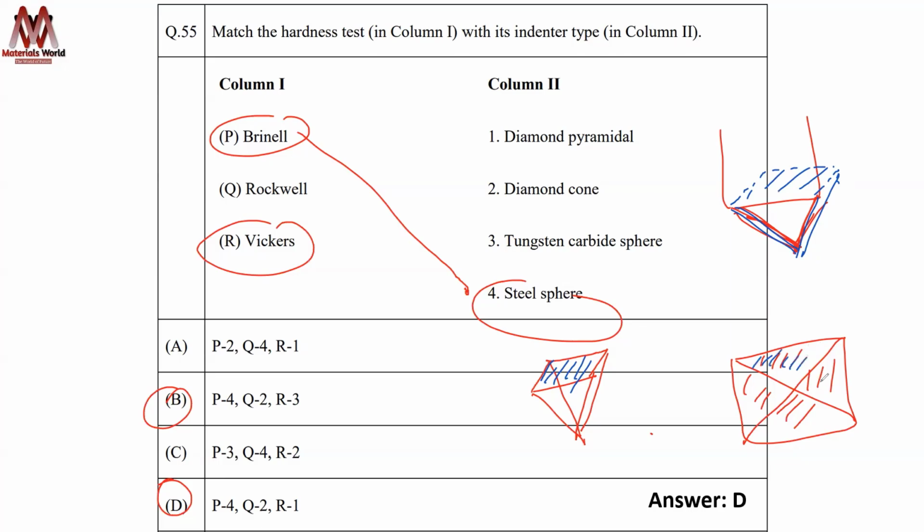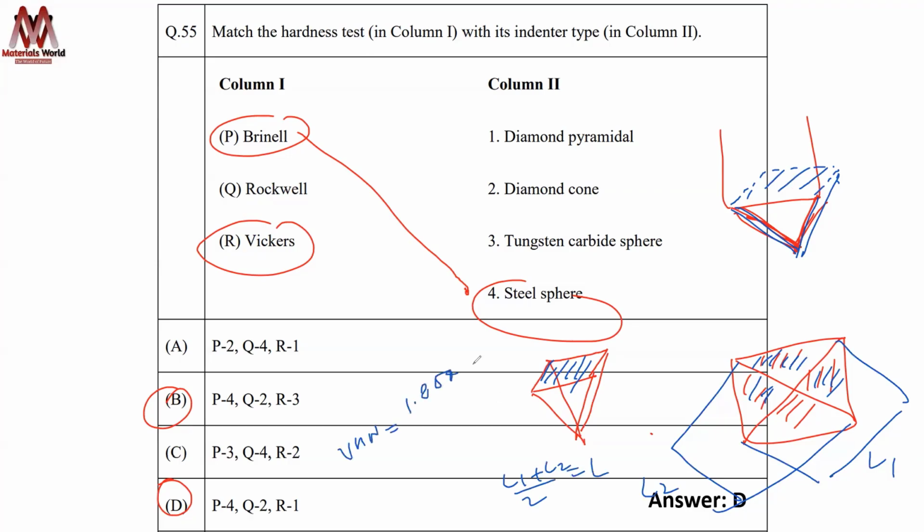It will give you an impression here. Right? So if you take this length, it is L1. If you take the diagonal length, it is L2. The average of L1 and L2 will give you L. Now you can apply the Vickers hardness formula, that is 1.854 P by L square. P is your load. Okay, L is your average diagonal length. So that is why Vickers will definitely always be diamond pyramidal.